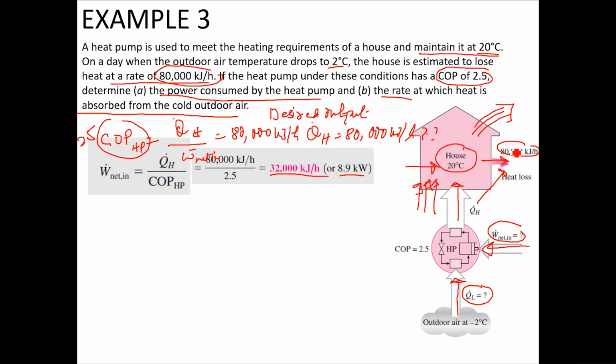And the second part is the rate at which heat is absorbed from the cold outdoor air, which is Q dot L. Again, if you apply the energy balance on this heat pump, you would have work dot net in coming into the system, plus Q dot L coming into the system, and what is moving out of the system is Q dot H. So Q dot L would essentially be 80,000 kilojoules per hour minus 32,000 kilojoules per hour.